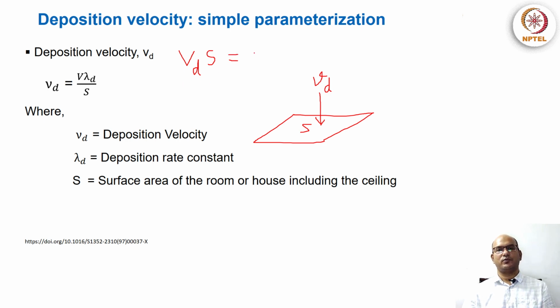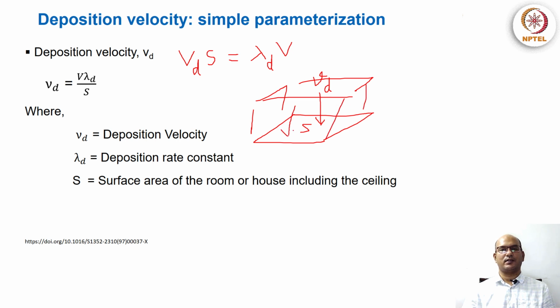This will be equal to a deposition rate constant multiplied by the volume, because if this is the volume of the room, this volume is sort of depositing at a rate lambda d. And again we can easily match the units.